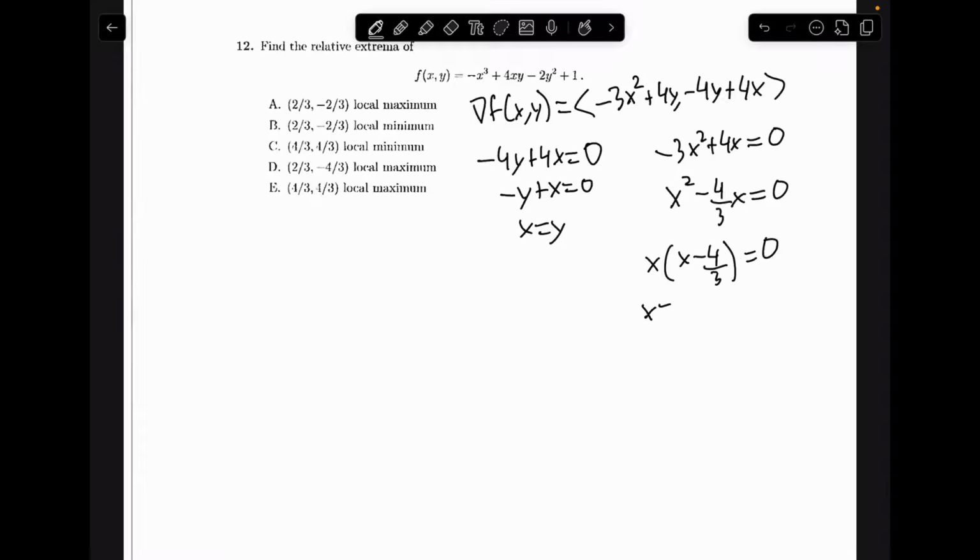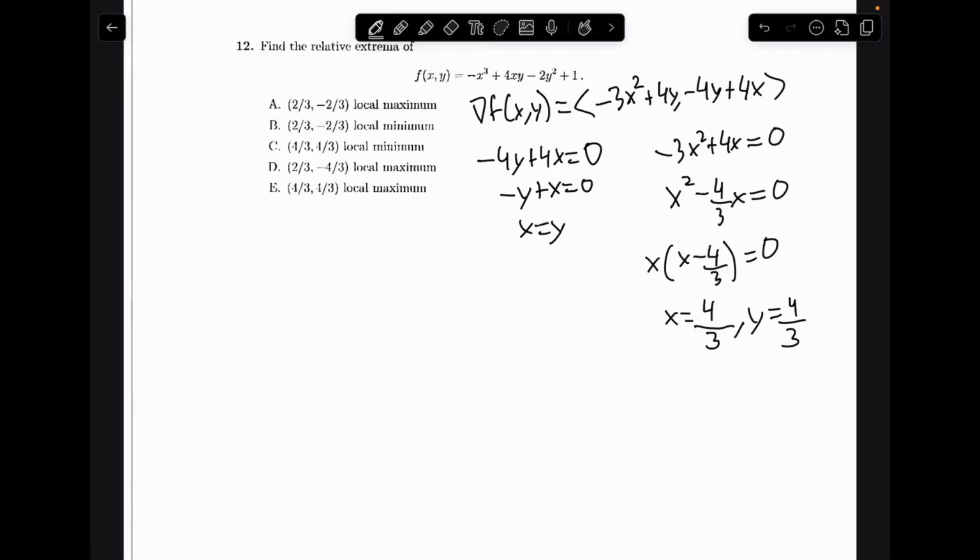So we have x equals 0, as we got before, and x equals 4 over 3. And that's actually helping here. Now we can use this relation up here to find the value of y. So we're going to get y equals 4 over 3 as well.